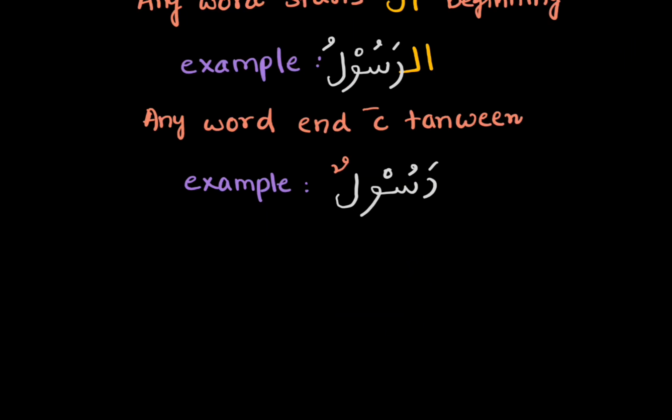Now coming to what is a tanween. Tanween means a word with its end letter having two dhamma, two fatha or two kasra is known as a tanween.